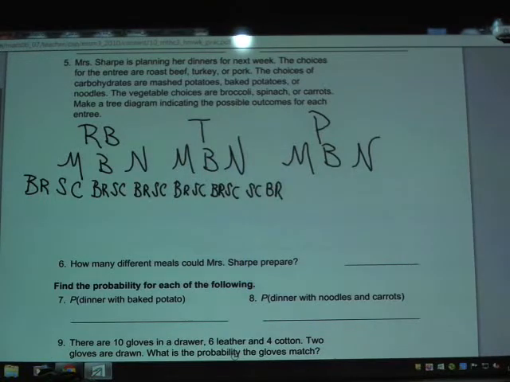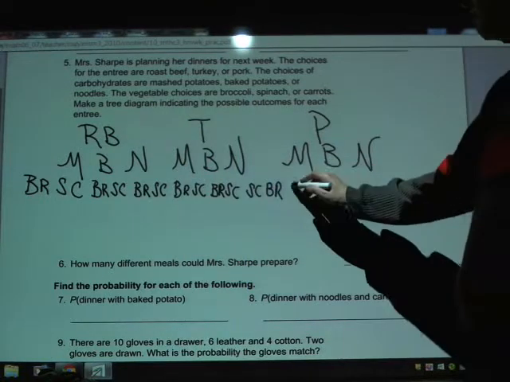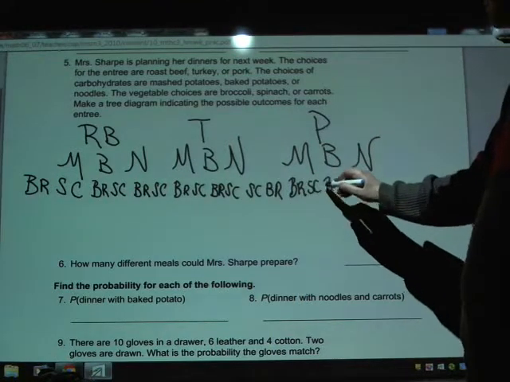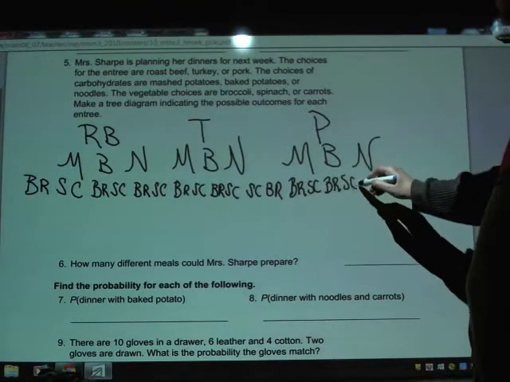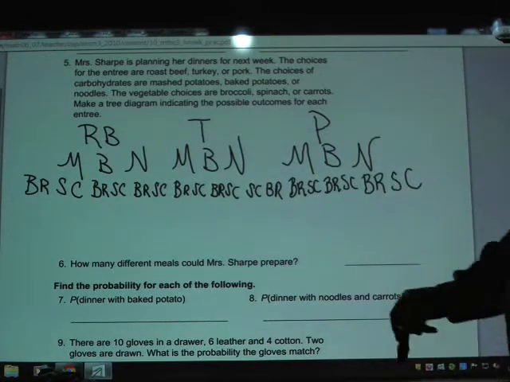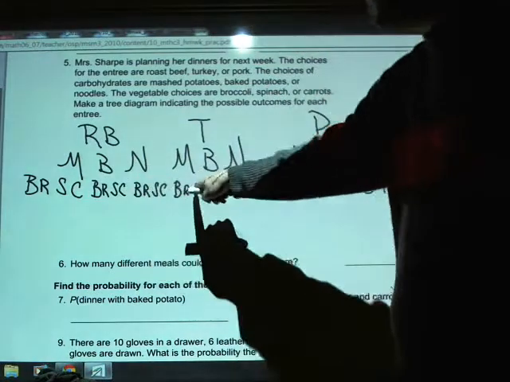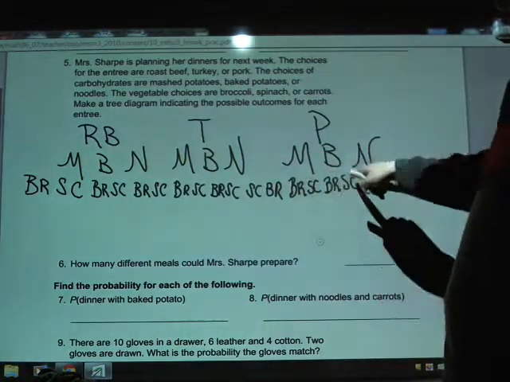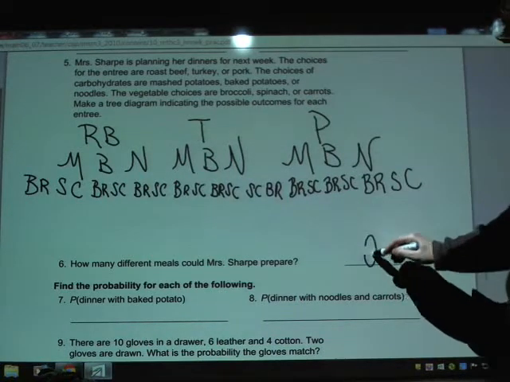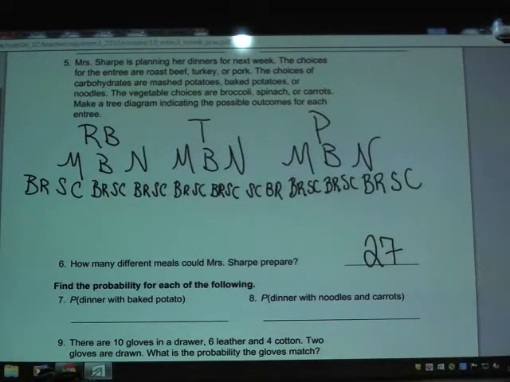And as I finish up 5, it's asking me how many different meals she could prepare. Well, all we have to do to figure that out is count everything that's in my final level. So there's 3, 6, 9, 12, 15, 18, 21, 24, 27 options down here in the third level, which means there are 27 different meal choices.